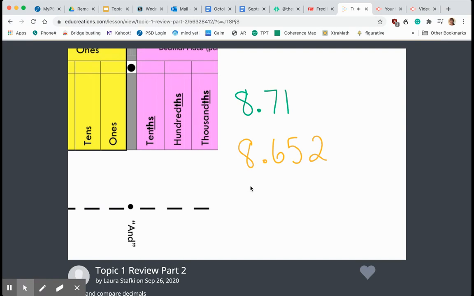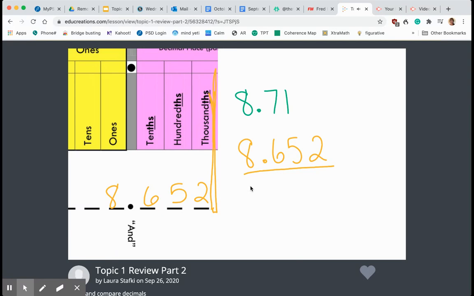All right, welcome back. Okay, so when I look at these, I look at this number, and I can read it 8 and 652 thousandths. I know if I'm reading it on the place value chart, it ends in the thousandths column. Therefore, I like to say that this is its last name, thousandths, and that's why you say thousandths at the end.